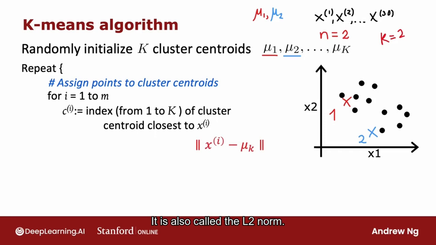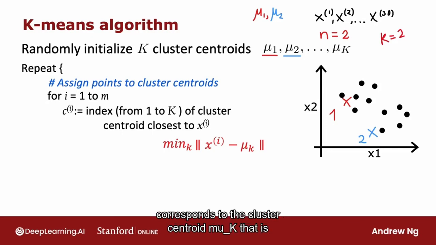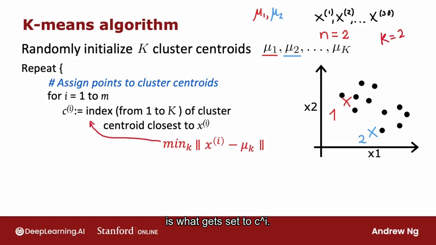It is also called the L2 norm, and what you want to find is the value of k that minimizes this, because that corresponds to the cluster centroid mu-k that is closest to the training example xi. And then the value of k that minimizes this is what gets set to ci.